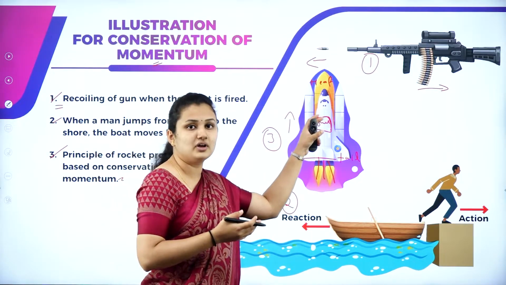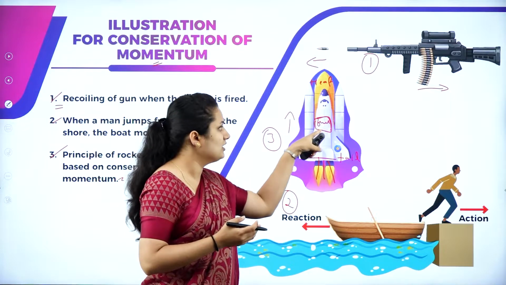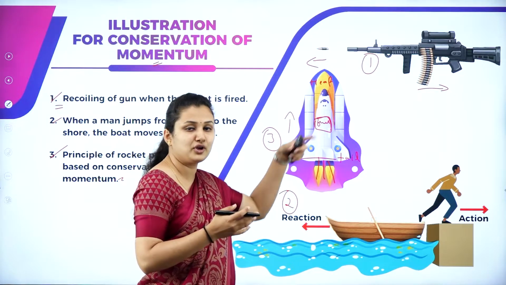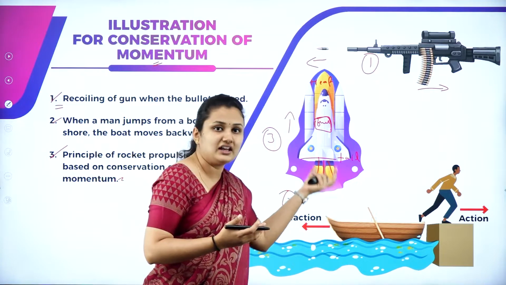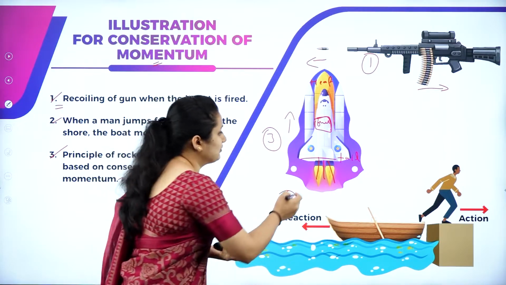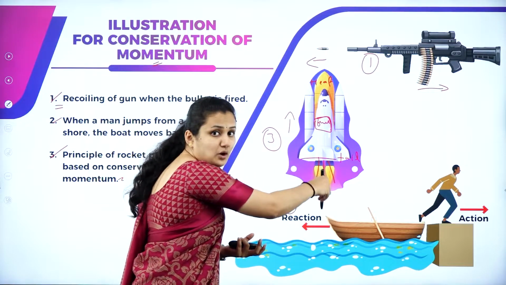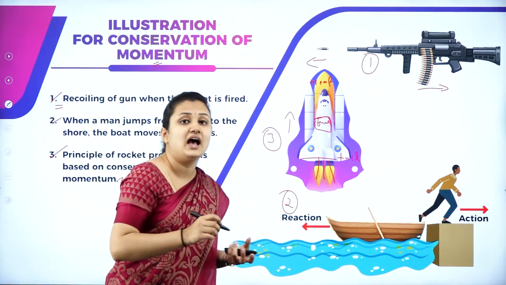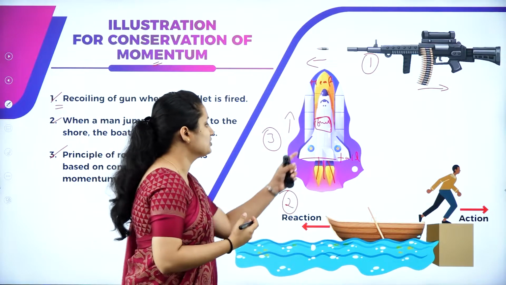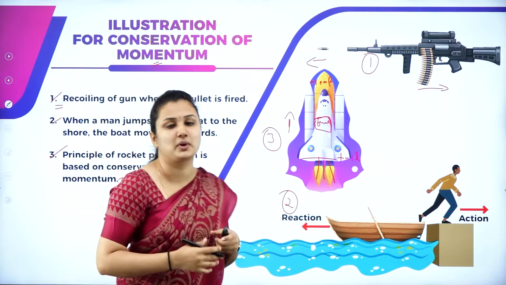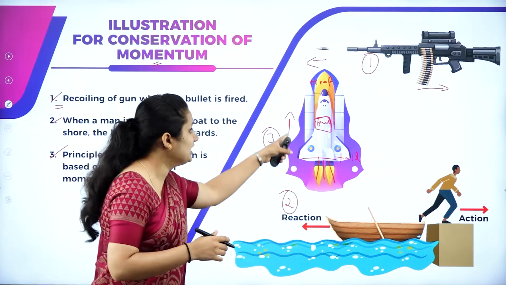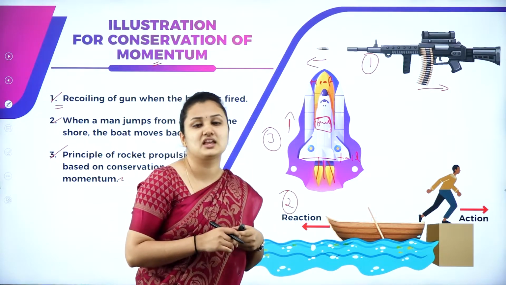In the propellant chamber, the fuels are burnt. When combustion occurs, a large amount of gas is ejected from the tail, moving downward with high velocity, having large momentum. Because of this, the rocket moves up towards outer space with equal and opposite momentum.